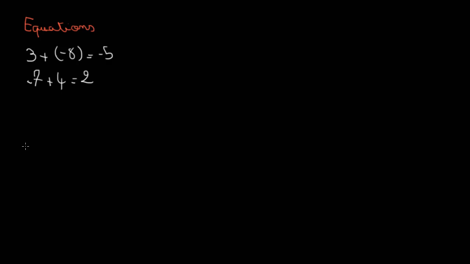As I said, if you remember in the first video, an algebraic equation is different. It is neither true nor false. It is what we call an open statement. It contains one or more variables, such as 3x plus 5 equal 8.